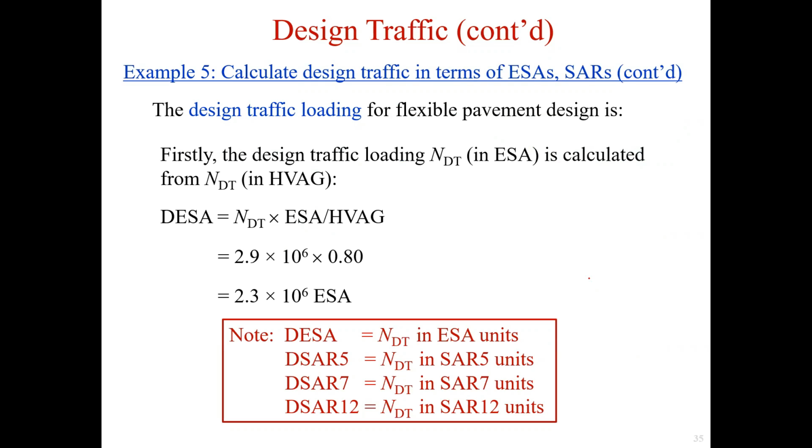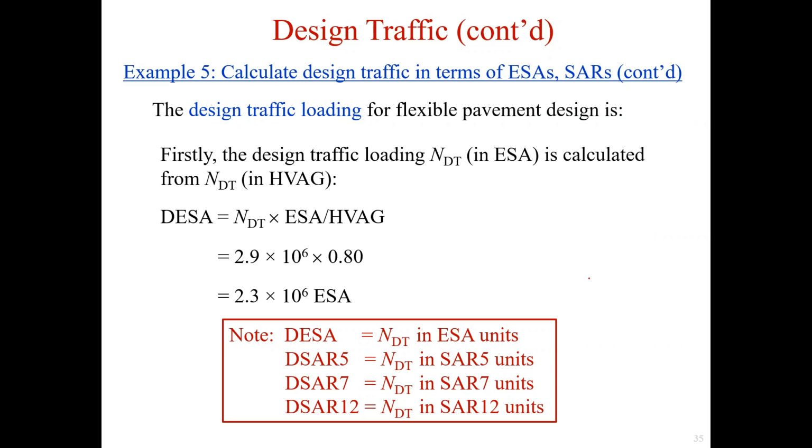The design traffic loading is normally expressed in ESAs or SARs. So if we know the design traffic loading NDT in HVAG and the damage index for flexible pavement, then the design traffic loading in ESA could be calculated as DESA equals NDT times ESA over HVAG, equals 2.9 times 10 to the power of 6 times 0.8.